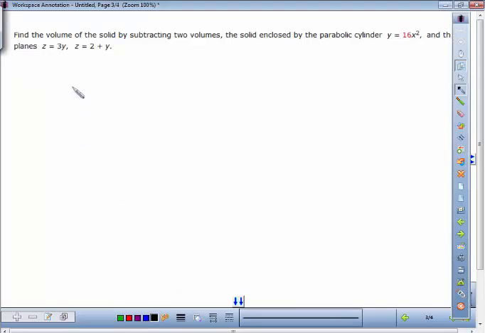So our initial sketch in 3D will be on a parabolic cylinder. So again, it's a cylinder that looks like it's opening along the y-axis.